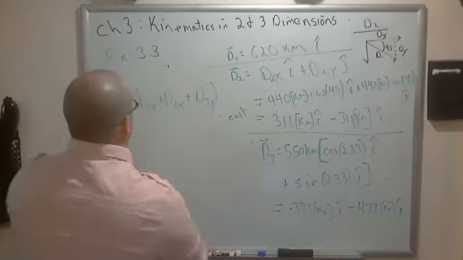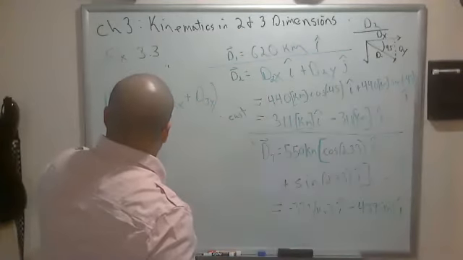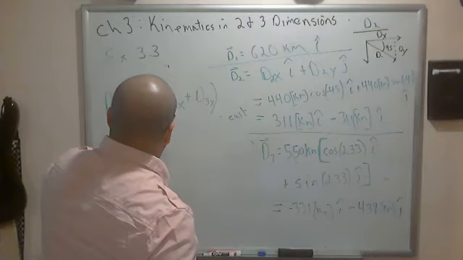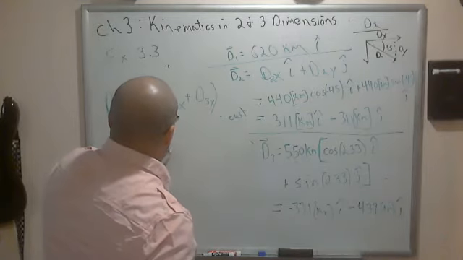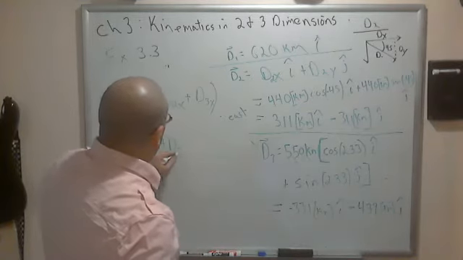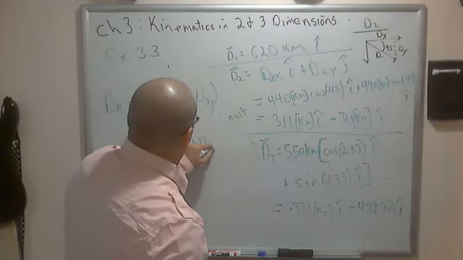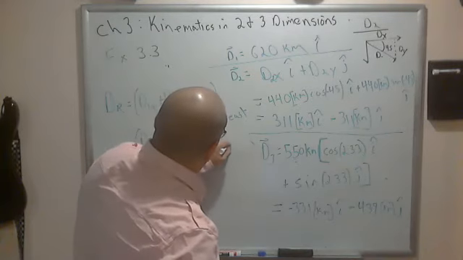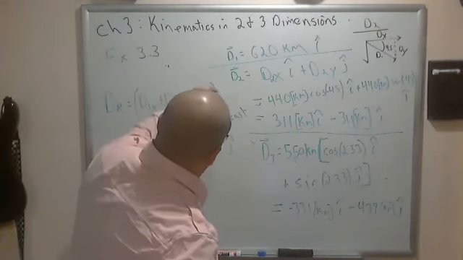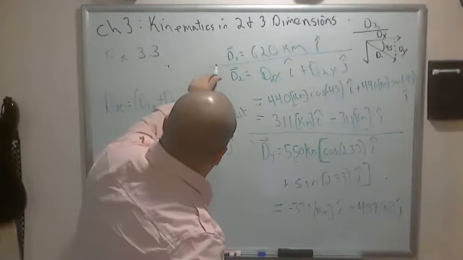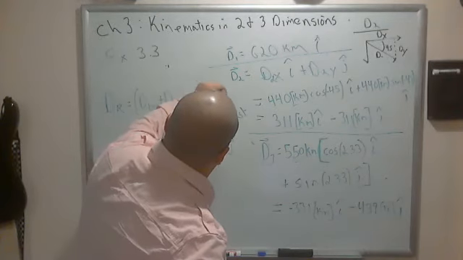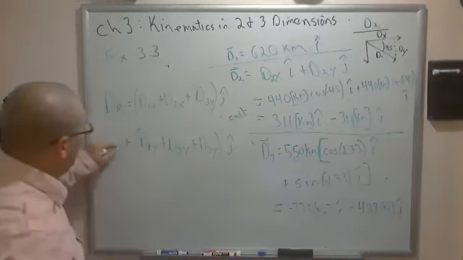And then you have the y's, d1y, which is 0 in our case, d2y plus d3y, right? And then if we use the i hats and j hats, the unit vectors, so that we can combine them, we get this, right?